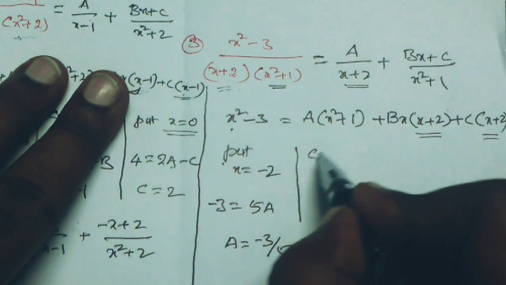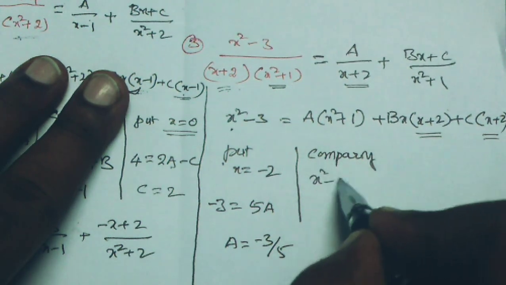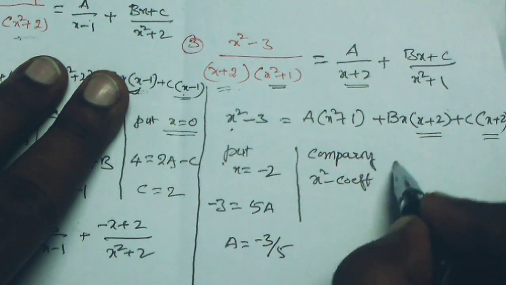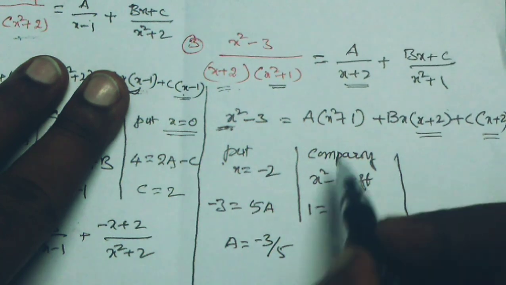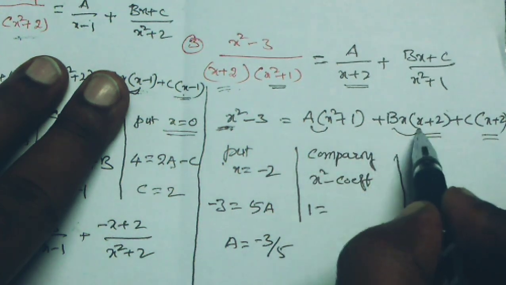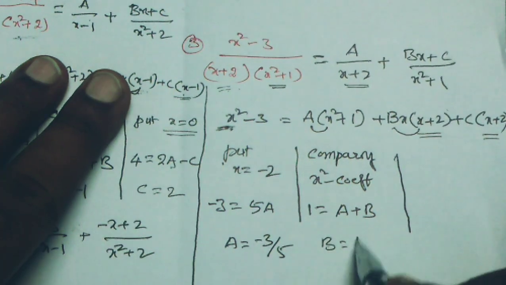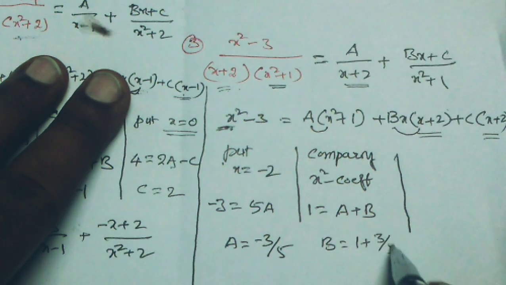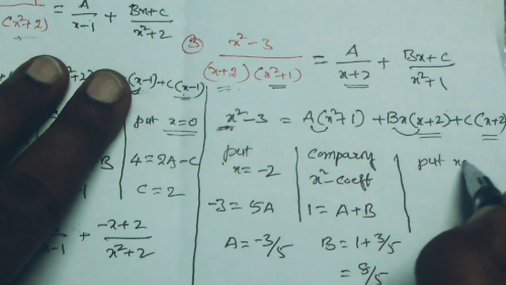Now what do you have to do? Right, comparing x square coefficient. In LHS the x square coefficient is 1 and in RHS there is a and there is b. So a plus b. Therefore b can be written as 1 plus 3 by 5. This becomes 8 by 5. Now put x is equal to 0, right?